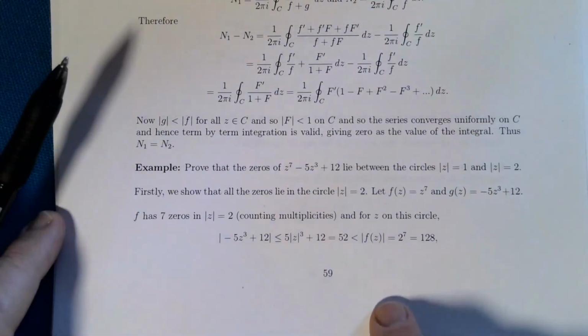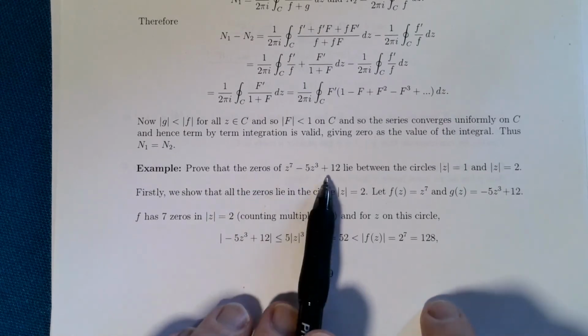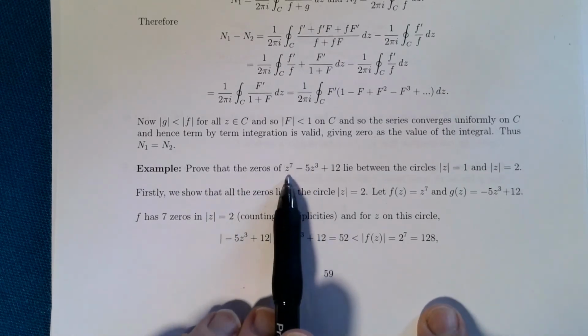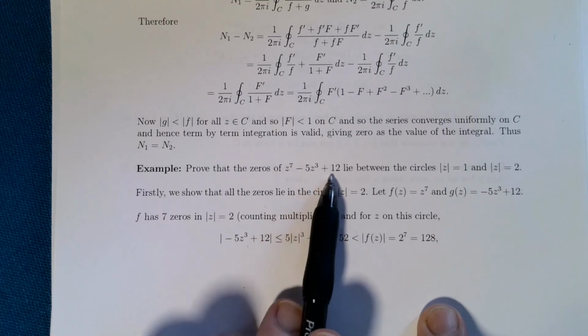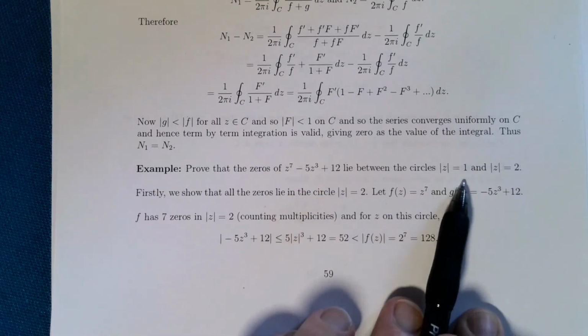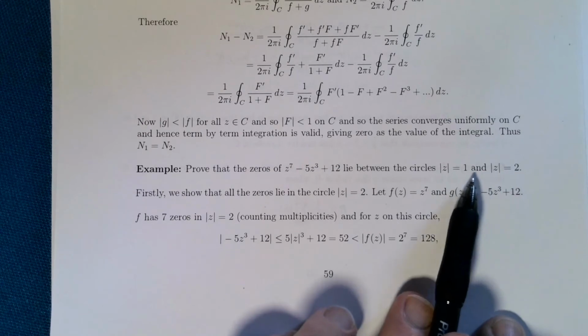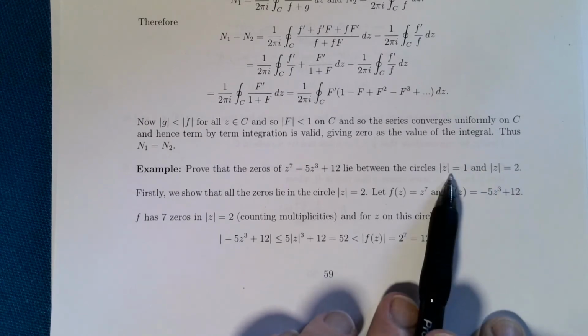Now a simple, nice example of that applied to a polynomial. So we want to prove that the zeros of this polynomial, z to the 7th minus 5z cubed plus 12, lie in between the two circles, mod z is 1 and mod z is 2. So it's got 7 roots, and we want to show they all lie in this annulus between the two.